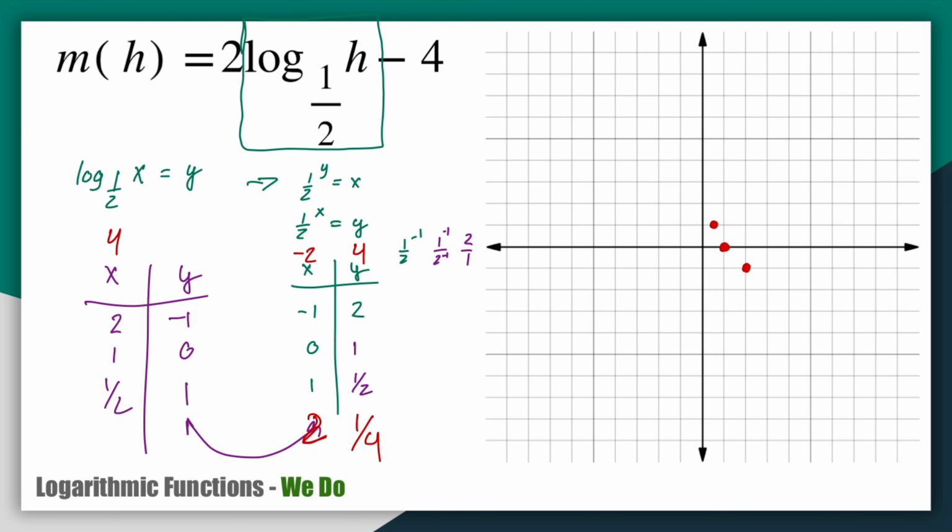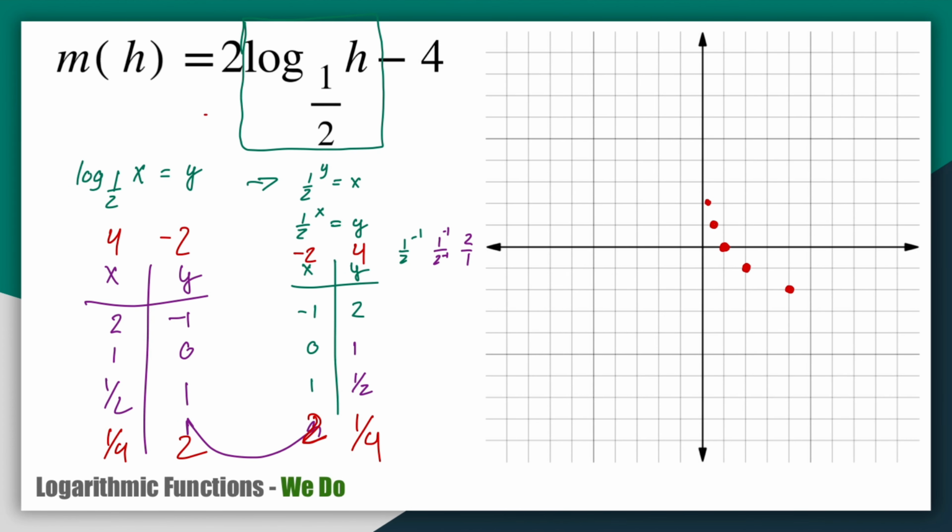Sorry, I'm trying to do more points so we can get a better picture of what this looks like. Okay, so 4, -2 is here, and 2, 1/4 is here. So you can kind of see that it's still bridging here, and then it's going off that way. Okay, so it's looking kind of interesting, right?